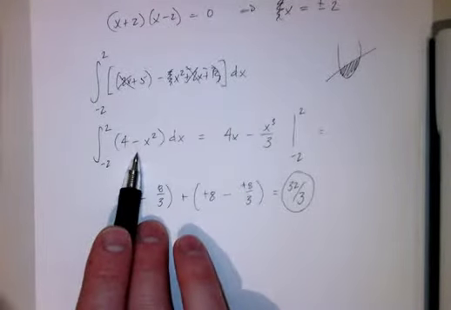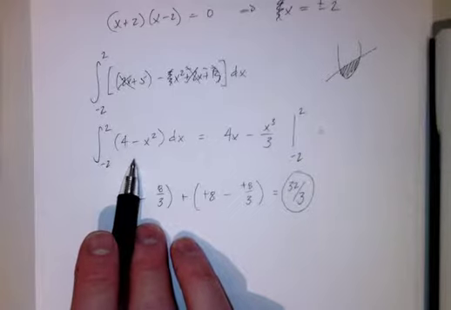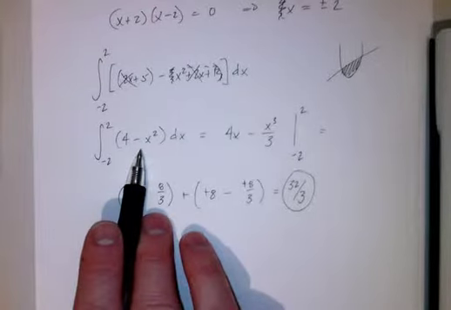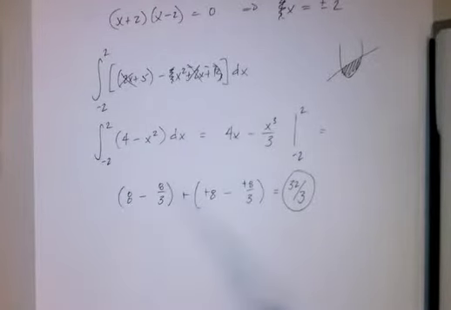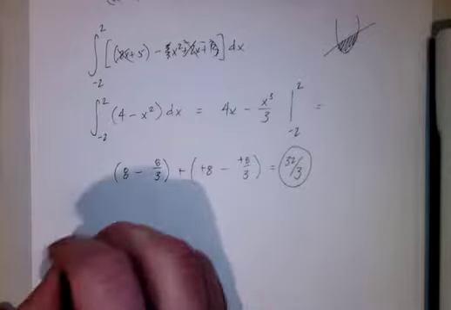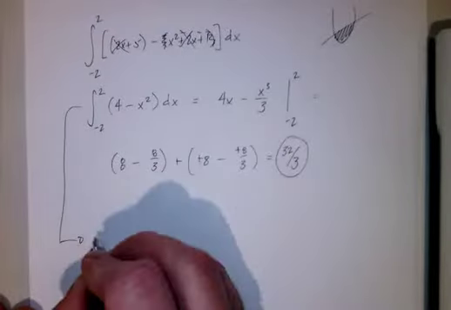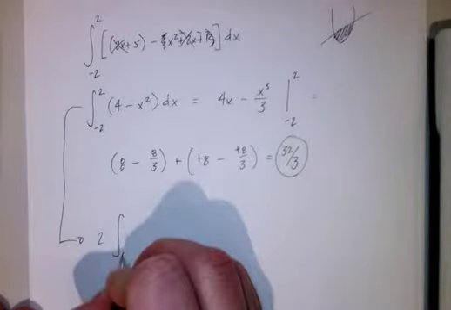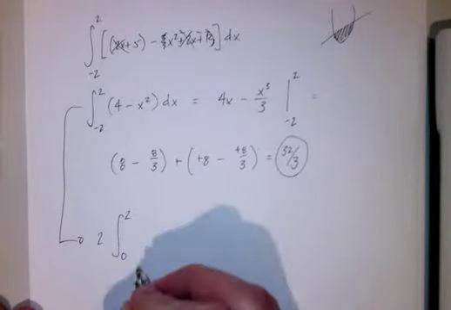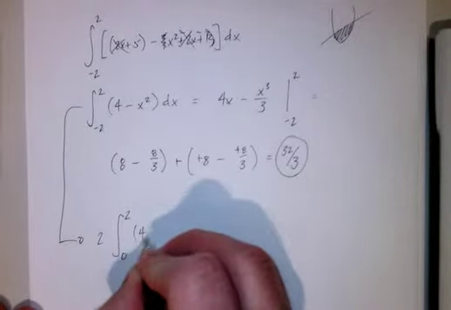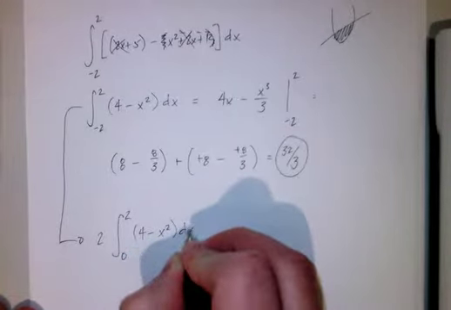But let's just think about the graph of what 4 minus x squared looks like. 4 minus x squared is symmetric about the y-axis. And if it's symmetric about the y-axis, and the limits of integration are as well, I could have shortcutted this by multiplying it by 2 and running the limits of integration from 0 to 2 of 4 minus x squared dx.